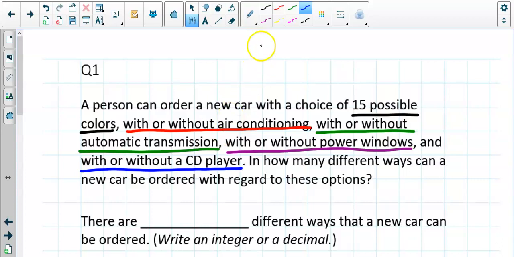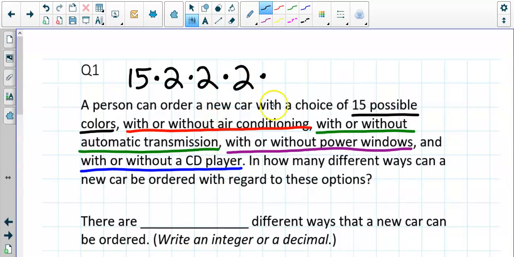So all we have to do is just multiply all of our options together. So we have 15 times with or without air conditioning is 2 choices. With or without automatic transmission is 2 choices. With or without power windows is also 2 choices. And finally, with or without a CD player is 2 choices.